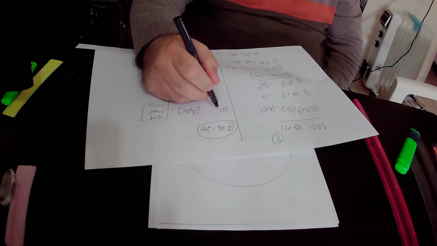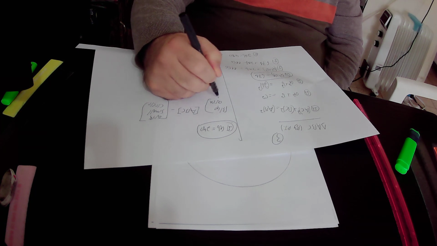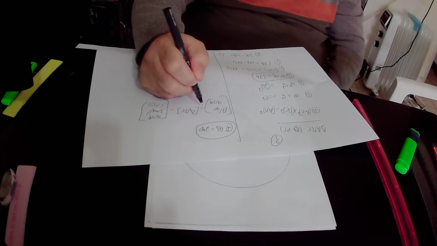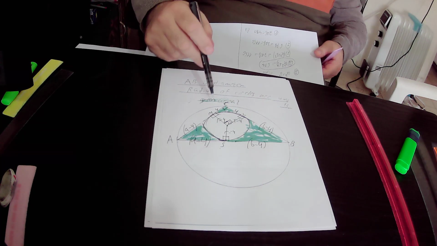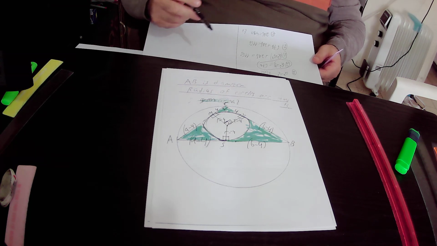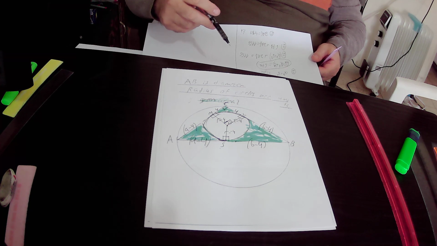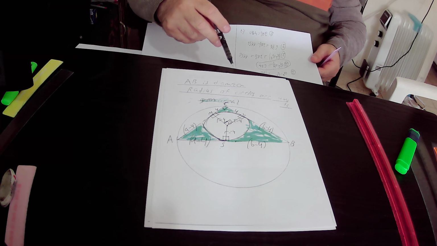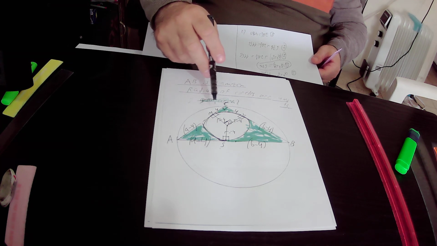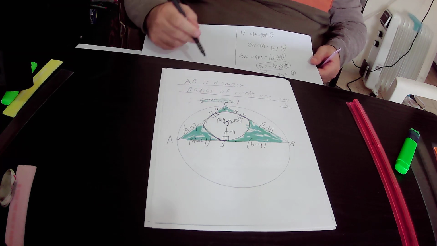Okay. I repeat again. The blue area equals the area of triangle ABC minus the area of the small circle. Very simple. It is very clear from the drawing that if we subtract the area of the small circle from the area of triangle ABC, we get the blue area.